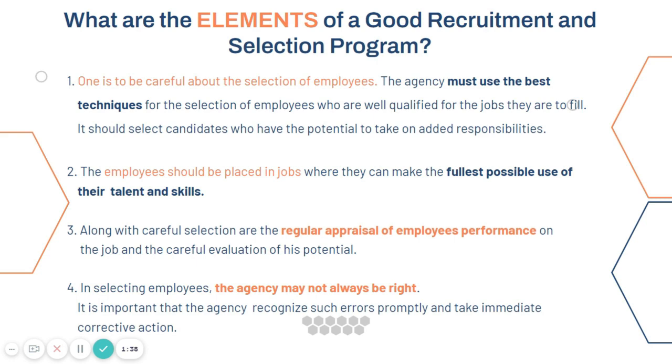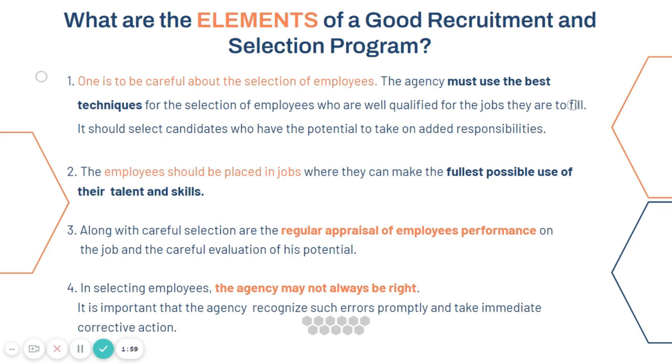The second one, the employees should be placed in jobs where they can make the fullest possible use of their talent and skills. Next, along with careful selection are the regular appraisal of employees' performance on the job and careful evaluation of his potential.